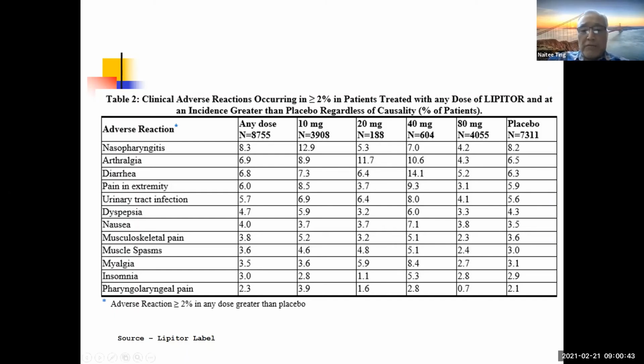So here, if you're looking at the 12.9%, that means out of 3908 patients, 12.9% of those patients are having nasopharyngitis. Placebo is still rather high: you've got 7311 patients and 8.2%.